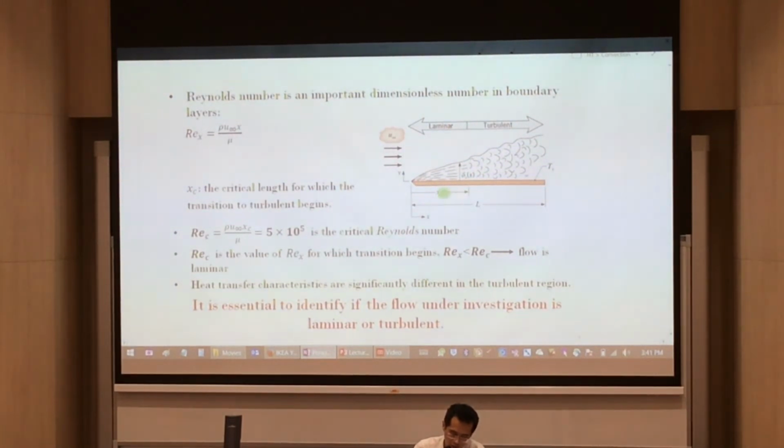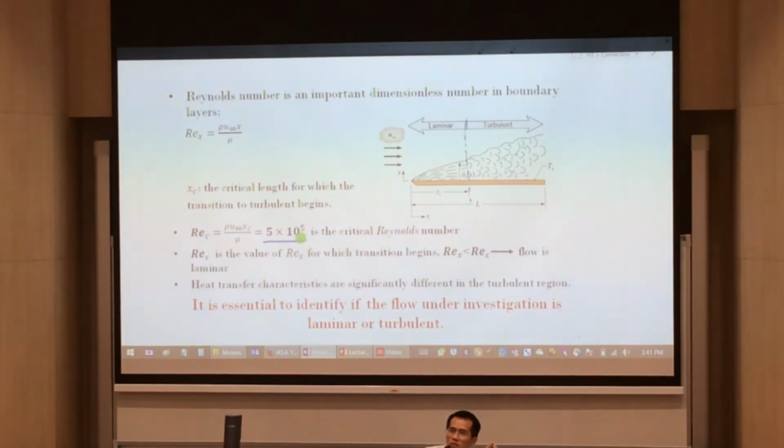There exists a critical x distance away from the leading edge, of which the Reynolds number, if it's less than a certain value, then we call it a laminar flow. If that Reynolds number were to be greater than a certain value, then we call it turbulent flow. What is that number? That number is 5 times 10 to the power 5.